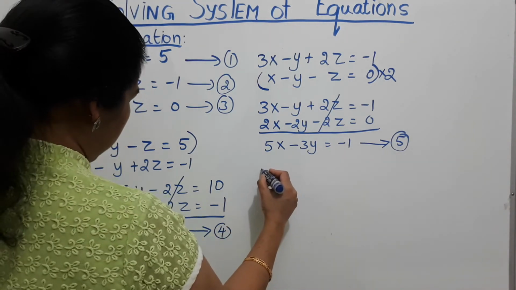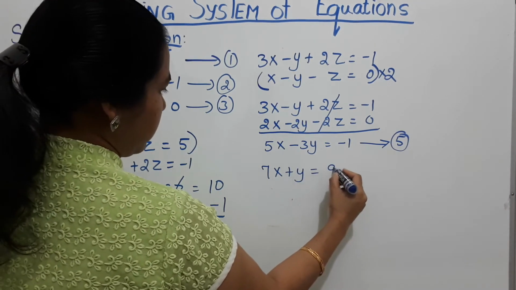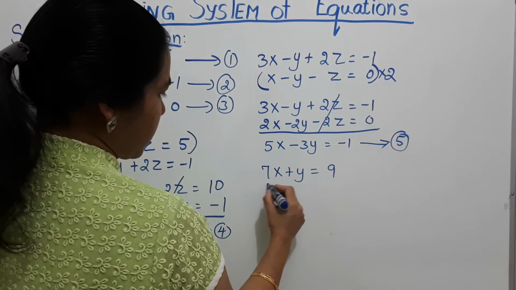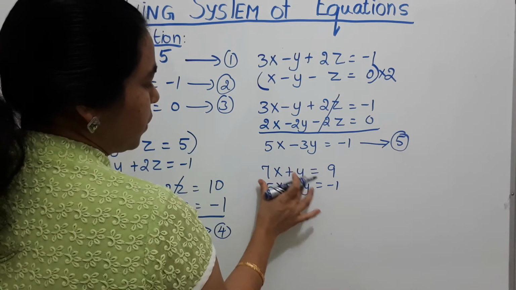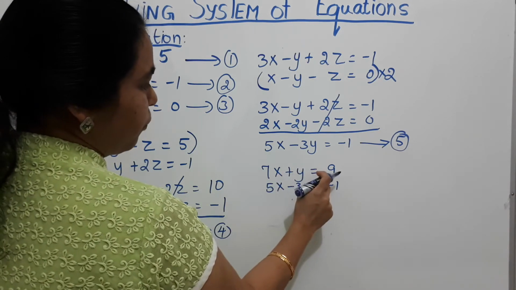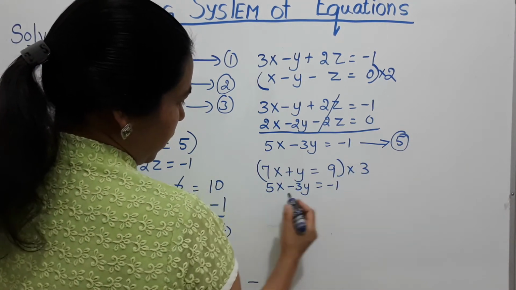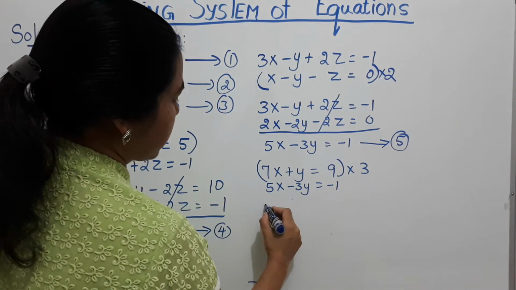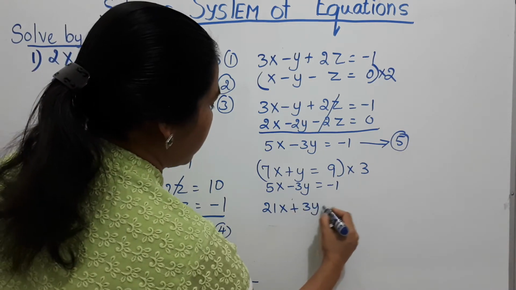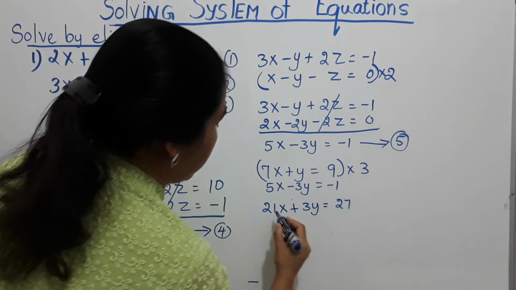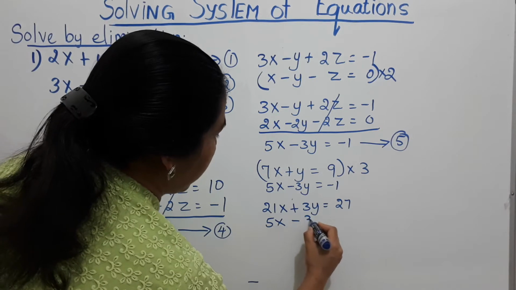Now you have to take the fourth and fifth equations to eliminate either x or y. The fourth equation is 7x plus y equals 9, and the fifth equation is 5x minus 3y equals -1. If you want to eliminate y, you have to multiply the fourth equation by 3. So 21x plus 3y equals 27, and rewrite the fifth as it is, 5x minus 3y equals -1.